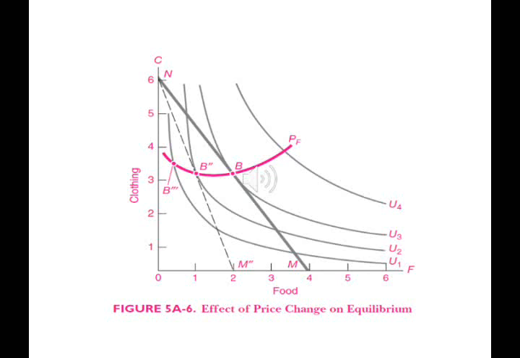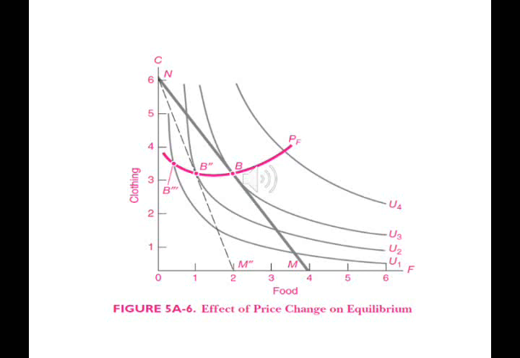We have the initial budget line, which is the line segment NM. We have a new budget line, which is NM double prime. As you can see, the budget line has pivoted inwards, where we now have a new horizontal intercept at point 2.